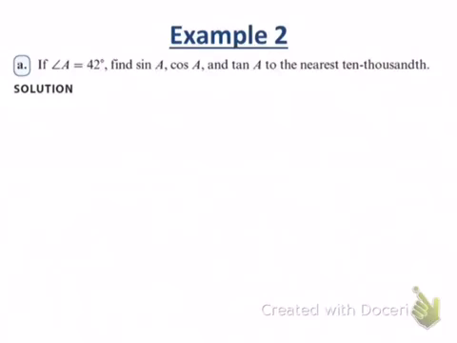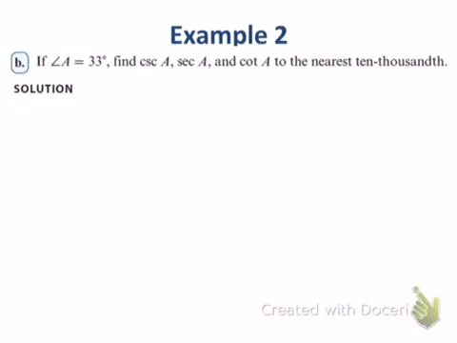To find cosine and tan, you do the same thing, right? So if the measure of angle A is equal to 33 degrees, let's talk about how to do this. Find the cosecant of A. Now what I want you to notice is that there's not a cosecant button on your calculator.